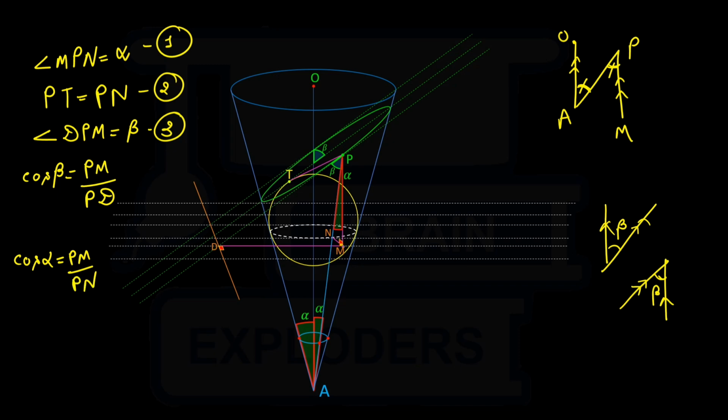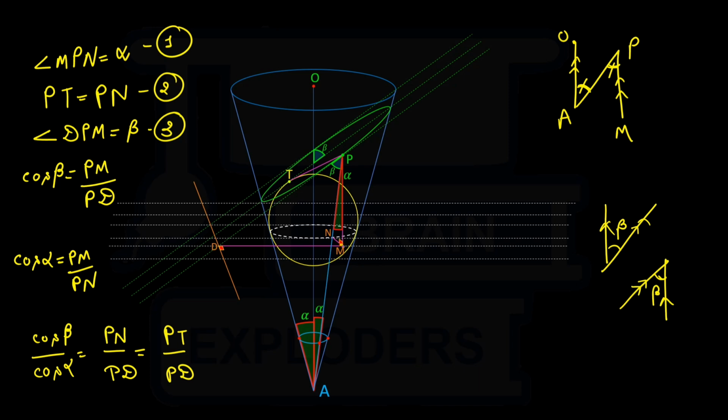Now if we take the ratio of cos beta and cos alpha, we get cos beta upon cos alpha is equal to PN upon PD. And since PN is equal to PT, we can write it as PT upon PD.